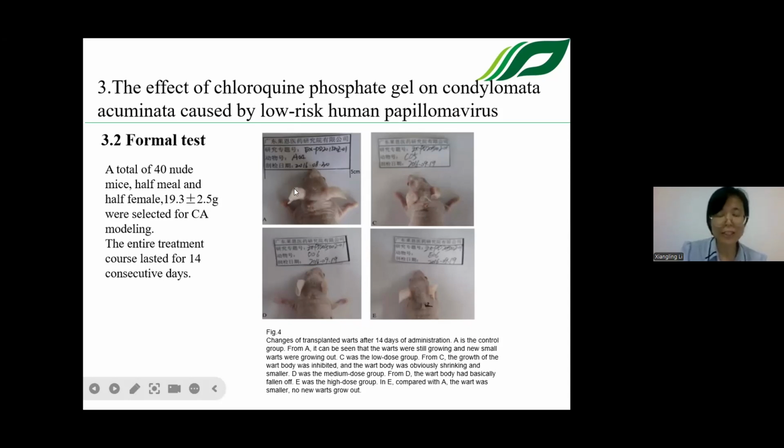After 14 days of applying the CQ gel on the surface of the CA tissues, we found that the warts in all the groups with CQ gel became smaller, and no new warts grew compared with the control group.